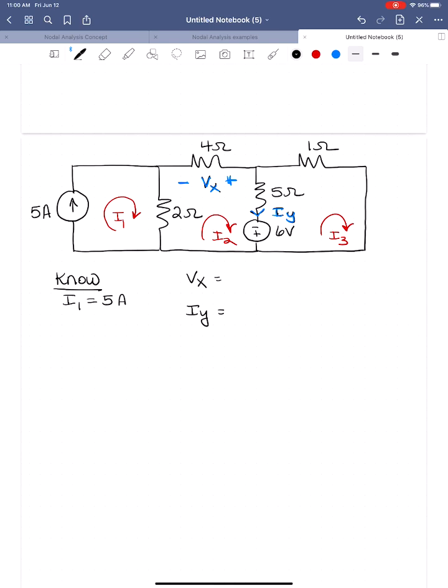So Vx is just the voltage drop across the 4 ohm resistor. That implies that we need a current flowing from plus to minus with respect to that voltage through the 4 ohm resistor. So what current flows in this direction? Well, I2 flows in this direction, so minus I2 flows in the opposite direction. So we're just adjusting for the passive sign convention here. So Vx is equal to 4 times minus I2.